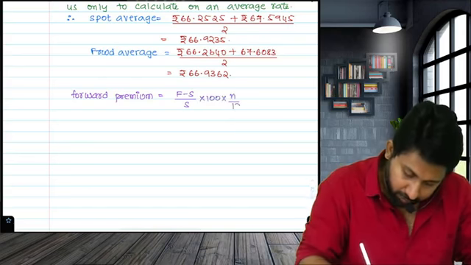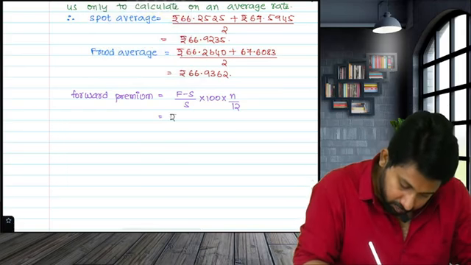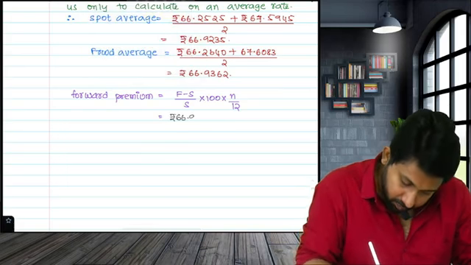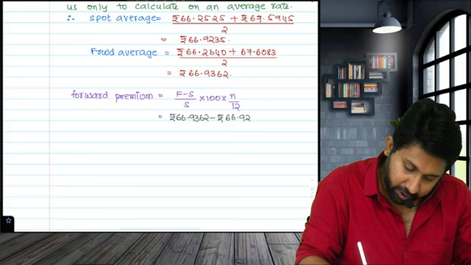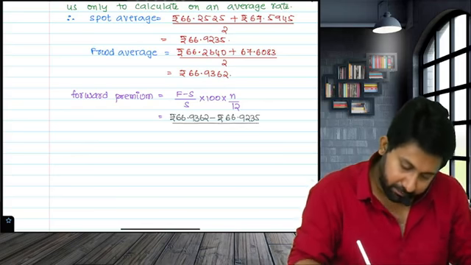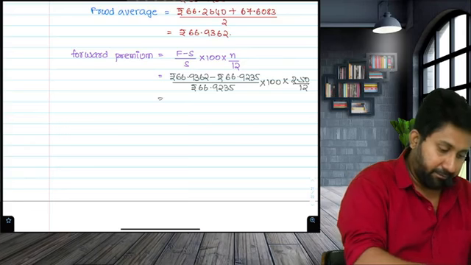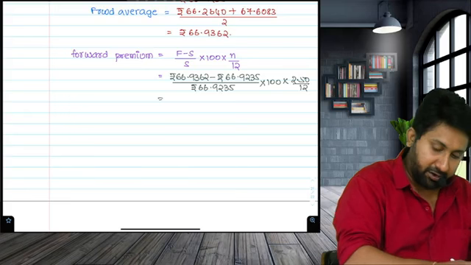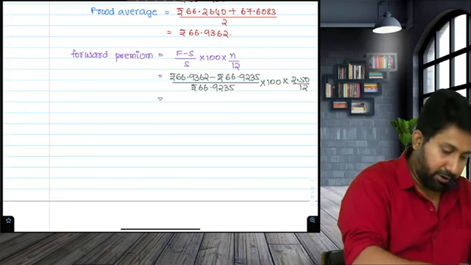That equals, what is the forward? 66.9362 minus 66.9235, whole divided by 66.9235 into 100 into 2.5 by 12. 2.5 by 12 means 2.5 years. Sorry, 2.5 months.